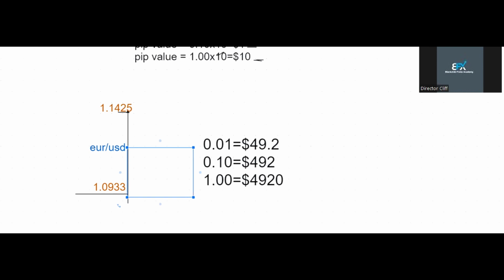So for you to know how many pips are right here, you're going to use this formula. To make it simple, what you're going to do is just multiply this by the lot size that you're using. If you're using the smallest micro lot size, just multiply this by this, you end up finding this figure. If you're using a macro lot size, just multiply this by this, you end up finding this figure.